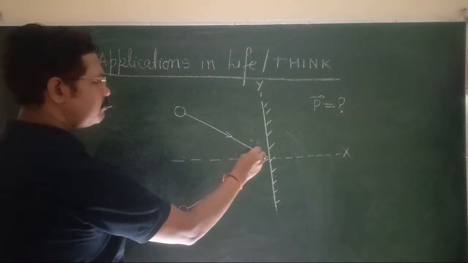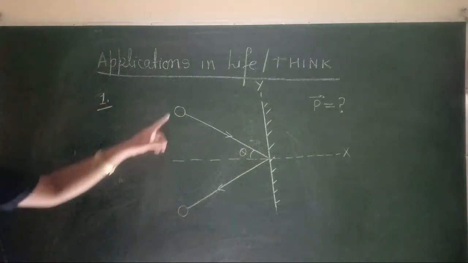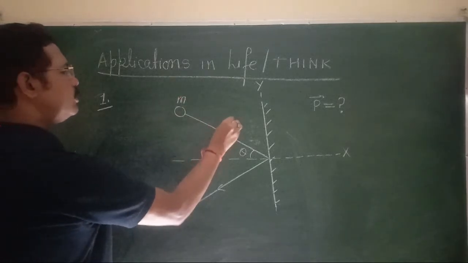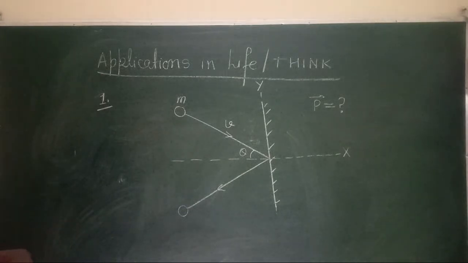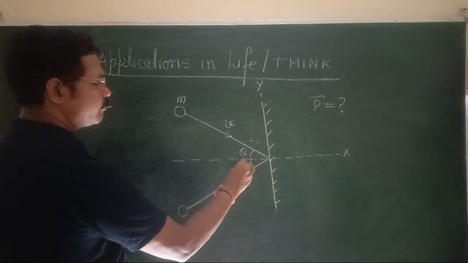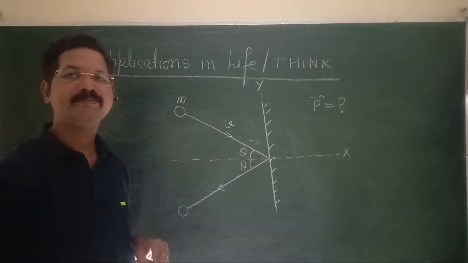It strikes making angle theta. A ball of certain mass and certain velocity strikes the wall and is reflected back at the same angle. The angle is the same. You consider, you think.